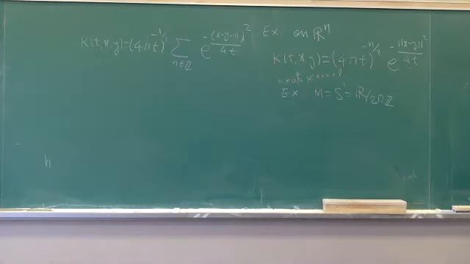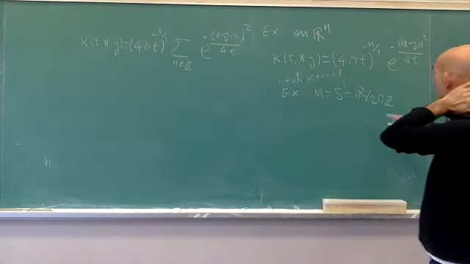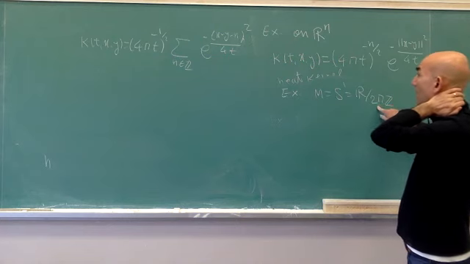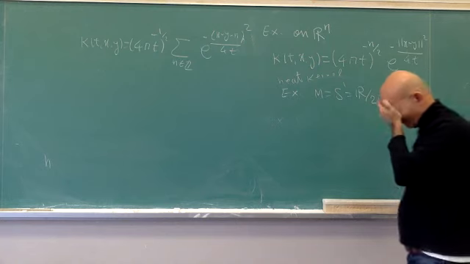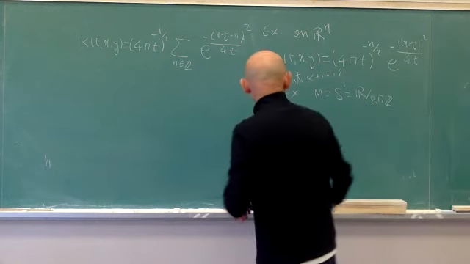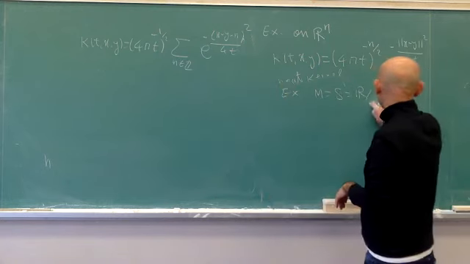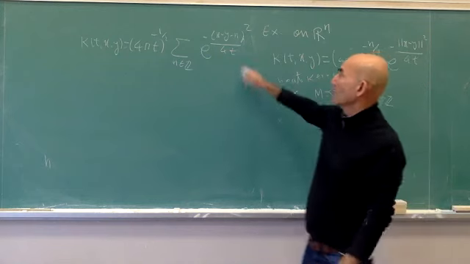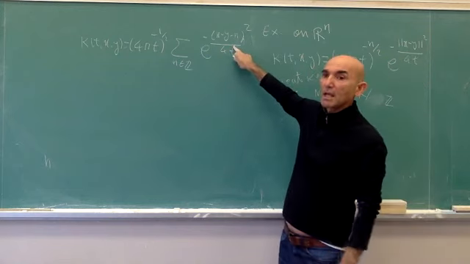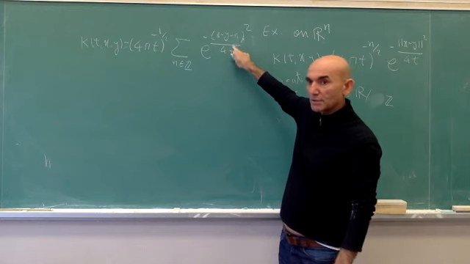Now, I'm a bit worried about the factor of 2 pi, because this has 2 pi period. So maybe I just define it by Z. That's better, because I'm just periodizing by adding a factor n here.